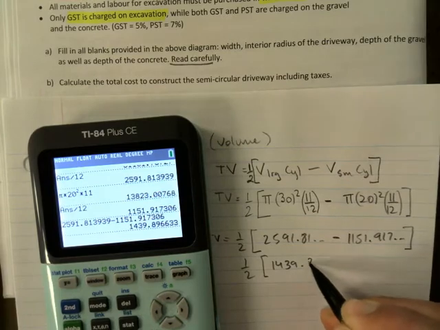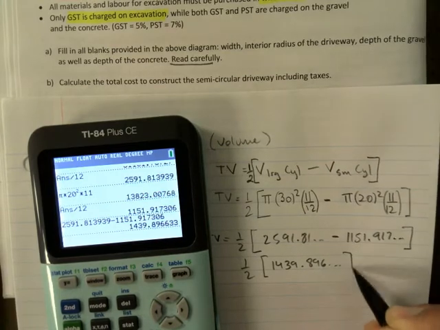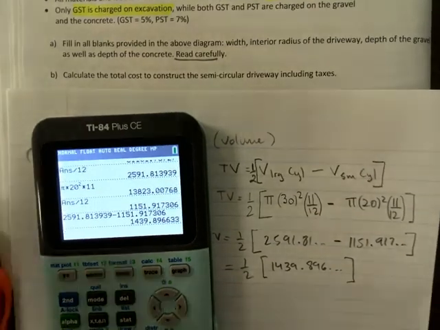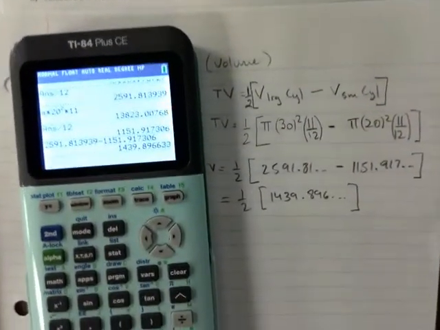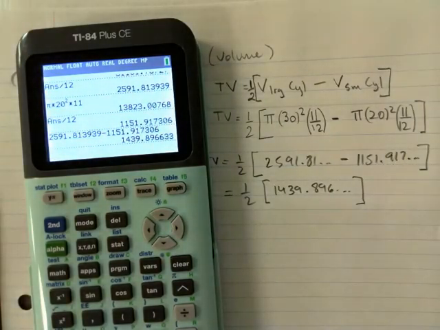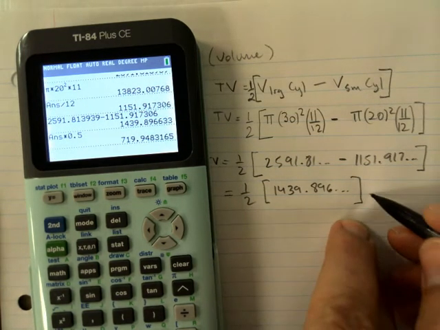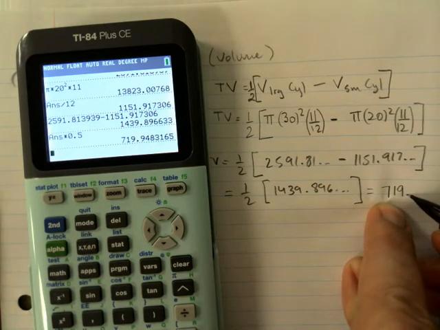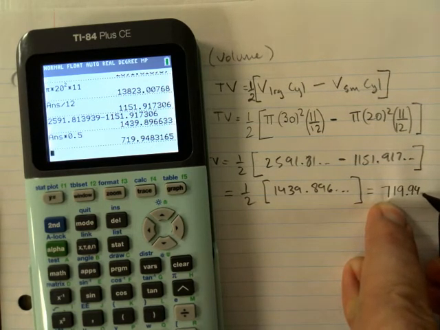Don't forget about the half outside, okay? Sorry, I'm gonna move the camera down a bit so you can see. And then I'm gonna go times 0.5 or divided by 2, whatever floats your boat, right? And then it's 719.94 something something, and I'm in cubic feet.